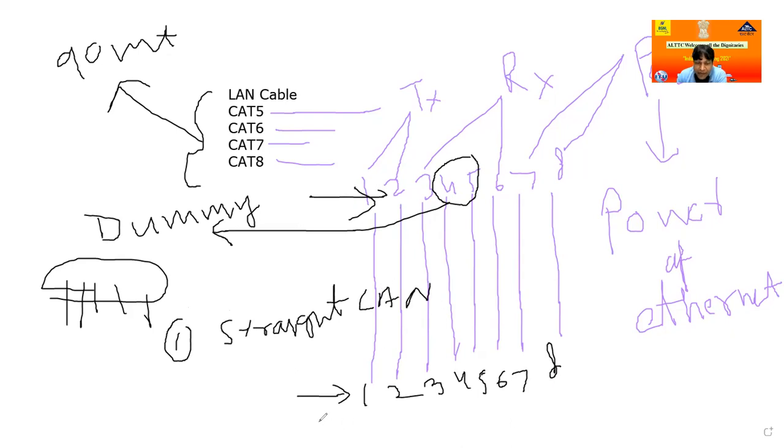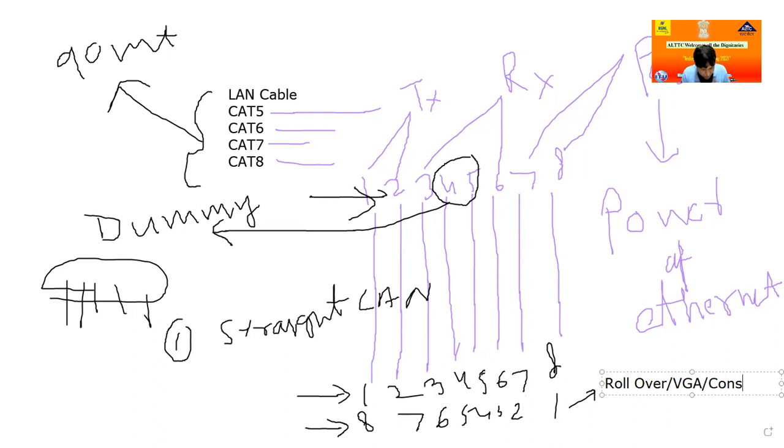If on one side it is 1 to 8, and on the other side we replace it with 8, 7, 6, 5, 4, 3, 2, and 1, such a cable is known as a rollover cable. Sometimes it is called a VGA cable, sometimes a console cable.